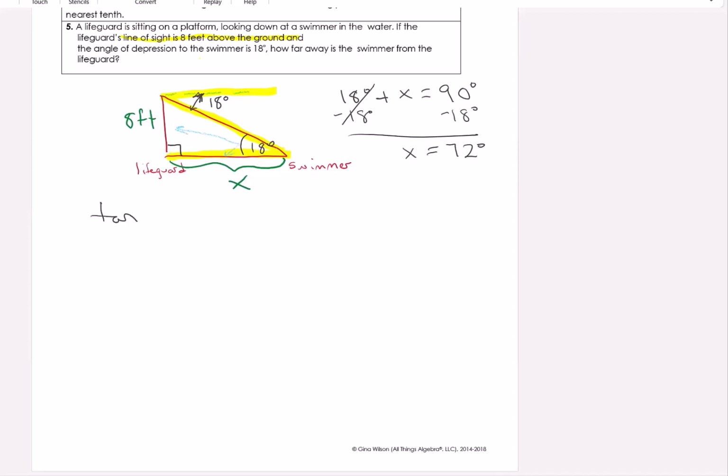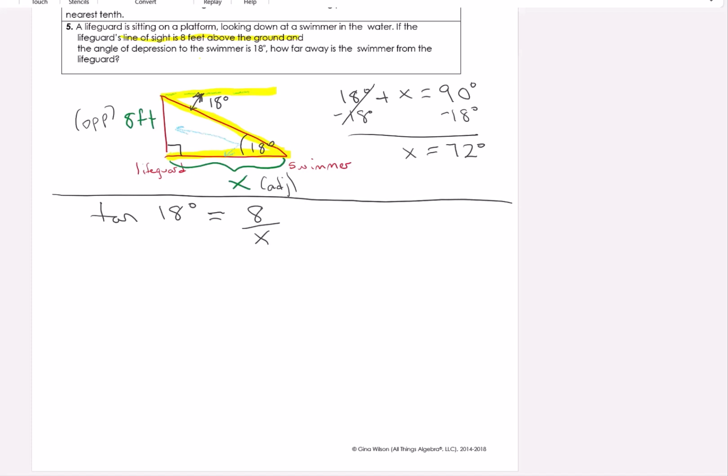Tangent of 18 degrees, because now I know the angle, equals opposite over adjacent. We have the opposite, which is right here, and we have the adjacent, so we need the tangent.